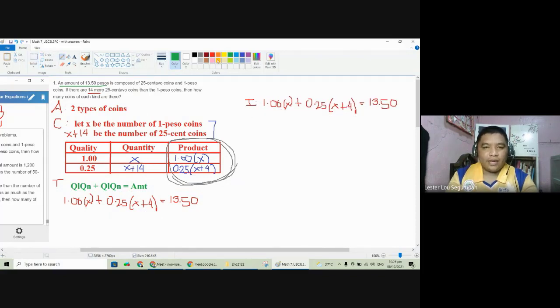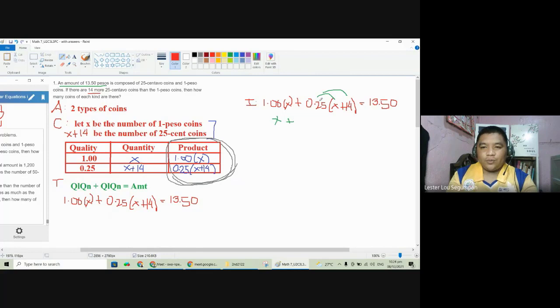So 1 times x, I will have x, plus distribute that. By the way, I'm so sorry, this is actually 14, color blue, so it should be 14 here as well.